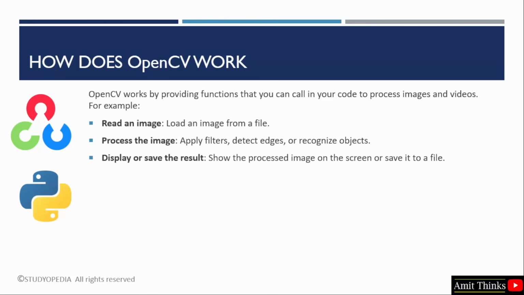Its workflow typically follows three main steps: reading an image, import visual data from a file, camera or stream into your program; processing the data, apply transformations such as filters, edge detection, face or object recognition or color adjustments; and last, displaying or saving the output, show the processed result in a window or export it back to a file for later use. In short, OpenCV acts as a toolkit that simplifies computer vision tasks by giving you ready-to-use functions for loading, analyzing and outputting visual information.